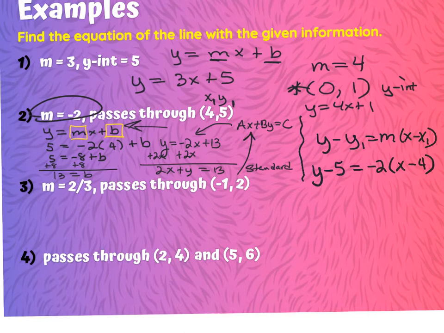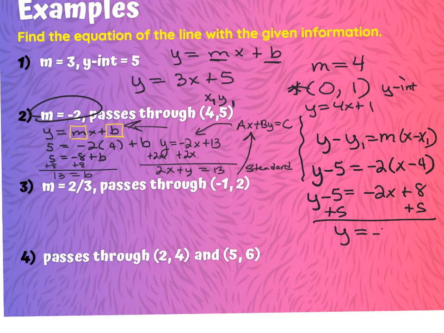Now I need to distribute and then add the 5 because I want to get y by itself. So y minus 5 equals negative 2x plus 8.